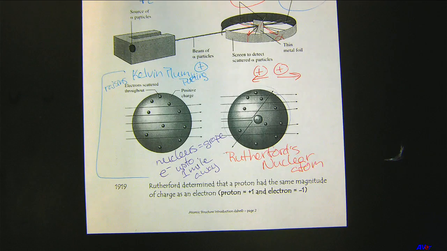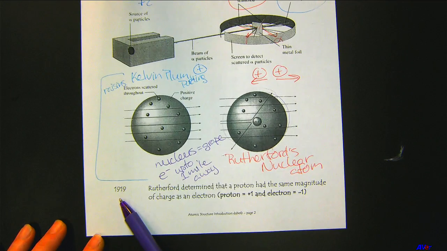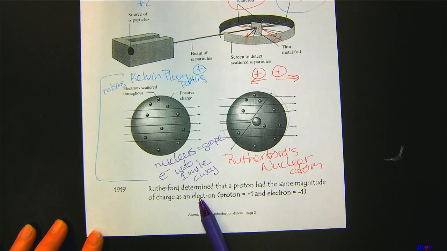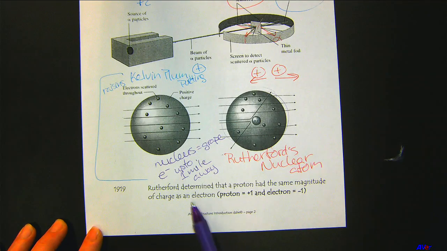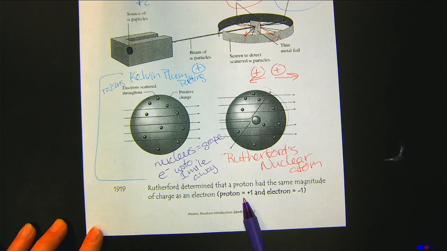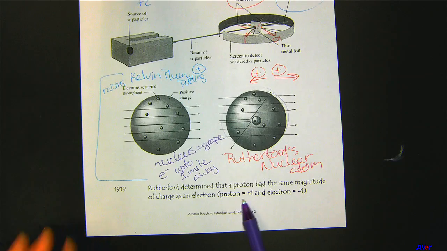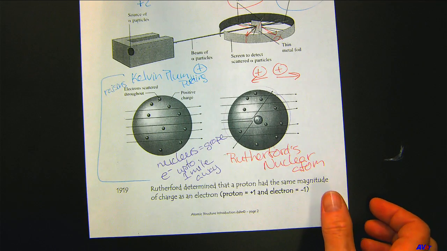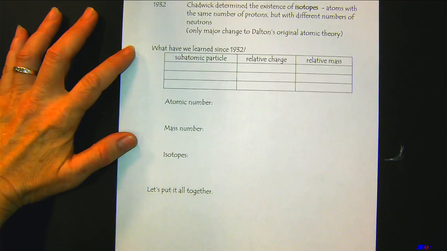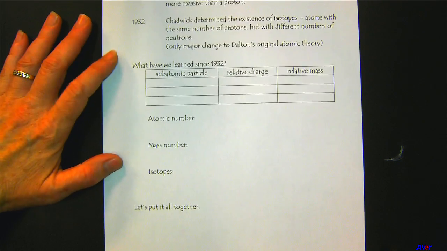All right. Keep going. So like another 8 years later, Rutherford determined that the proton had the same magnitude of charge as the electron. So that's really helpful. So we're just going to call them plus and minus 1. And then it took another like 13 years for the last bit to come about.